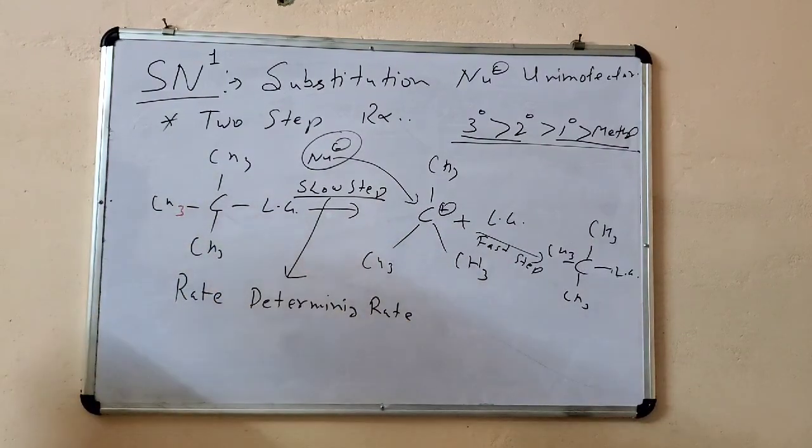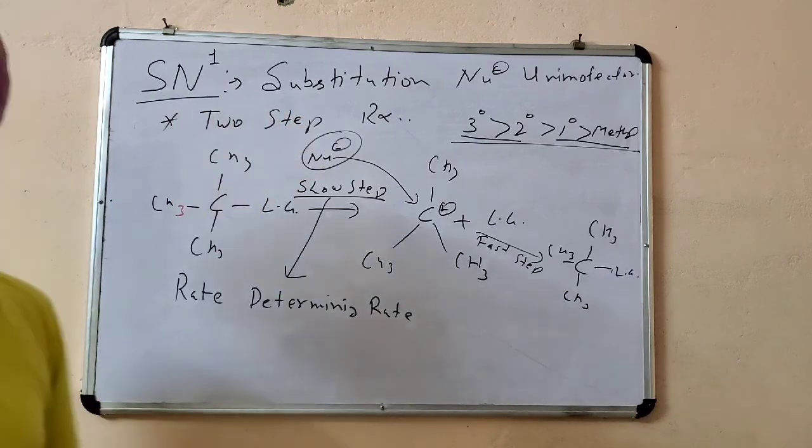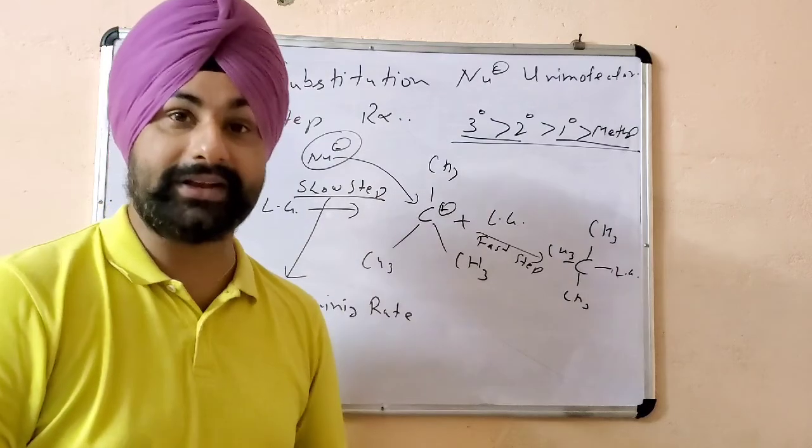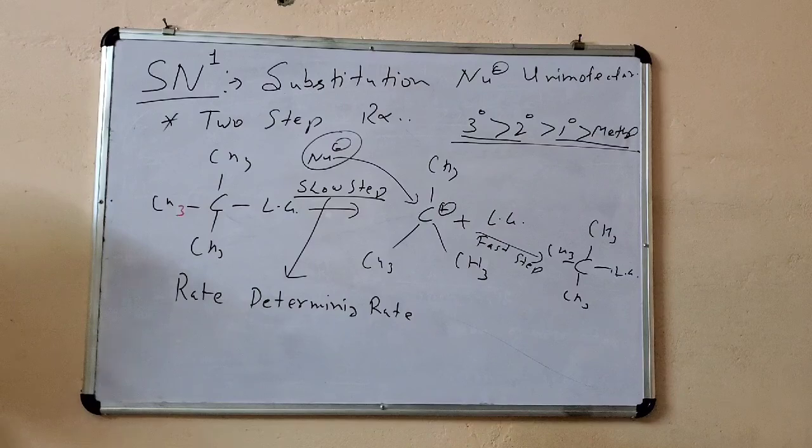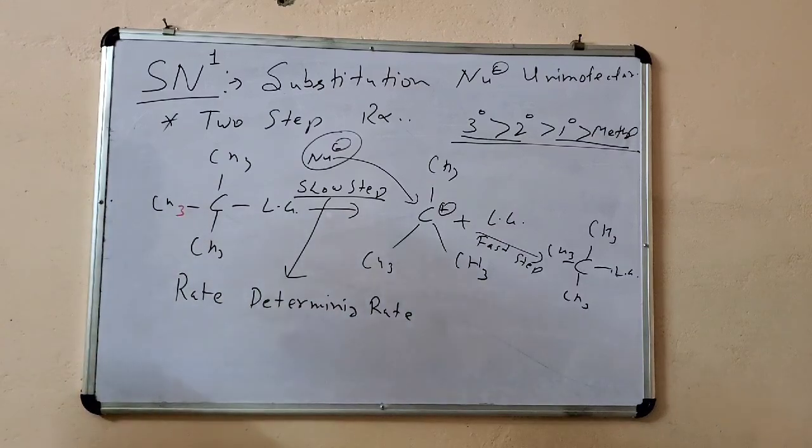Then solvent effects. The preferred solvents are both protic and aprotic. दोनों में हो सकता है, protic and aprotic solvents we can use in this kind of reaction. The polar nature of solvents helps to stabilize ionic intermediates, whereas the protic nature of the solvent helps to solvate the leaving group, right? That will help in the solvation of the leaving group.